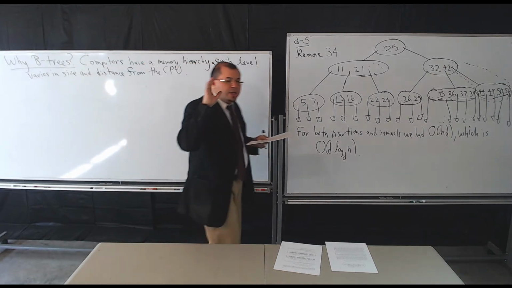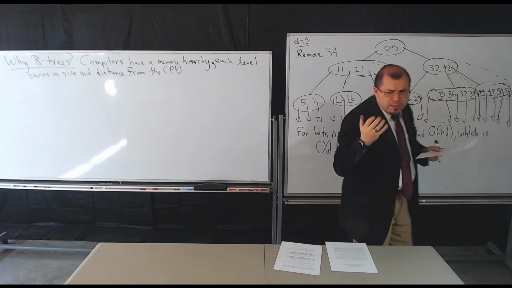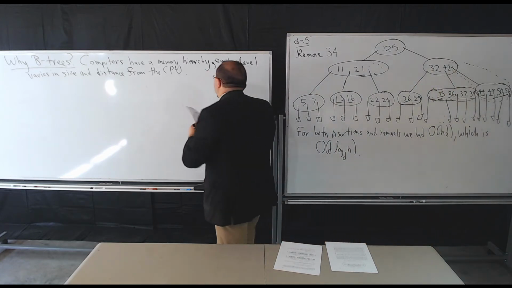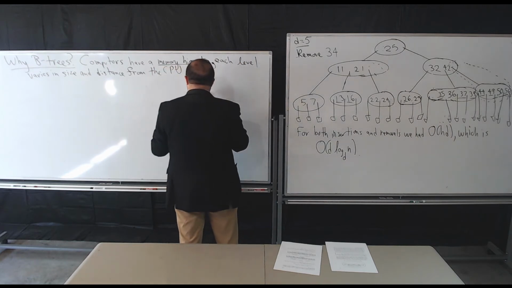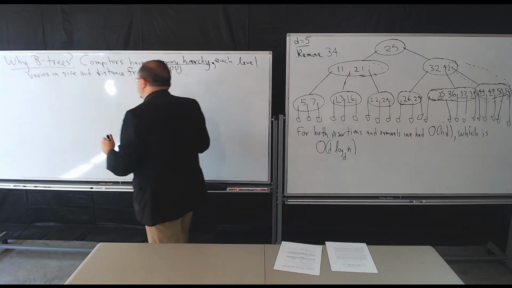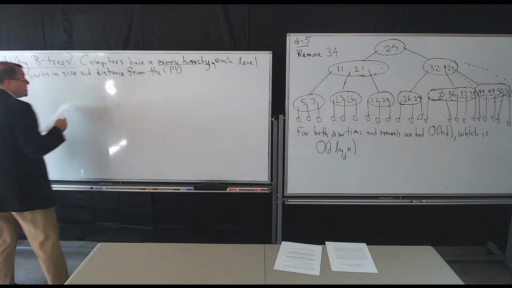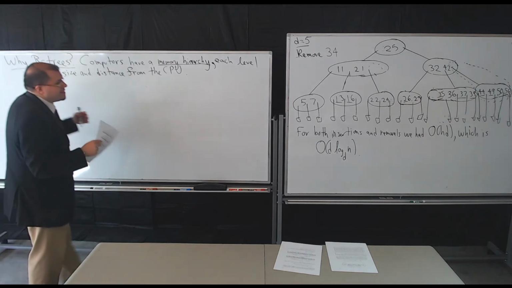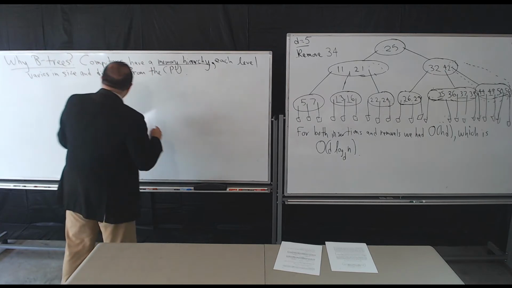So the big thing I want you to keep in mind, and this is very much true with general use computers, is we have the notion of a memory hierarchy, which I'm going to draw now. So here's a picture that I want you to remember, because this is a very important picture, and it creeps into systems, and it's something you have to keep in mind when you think about how you access data on a computer.